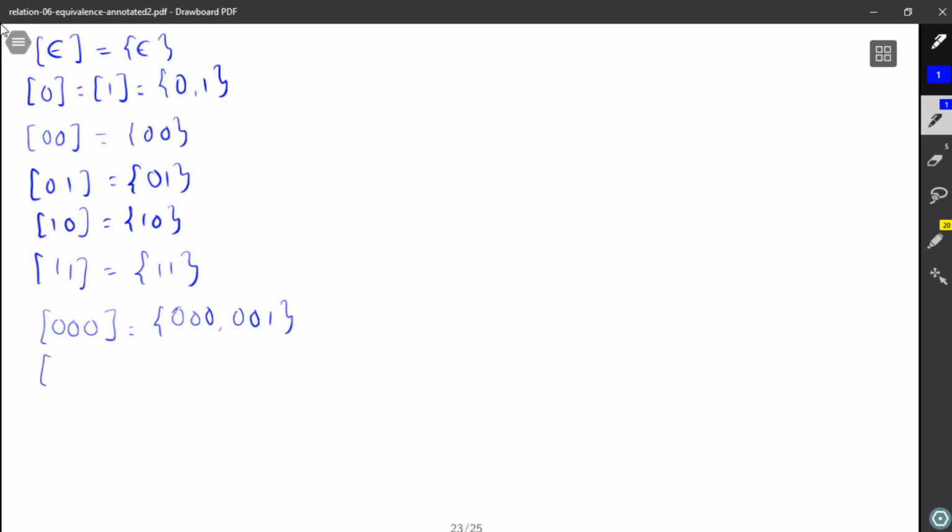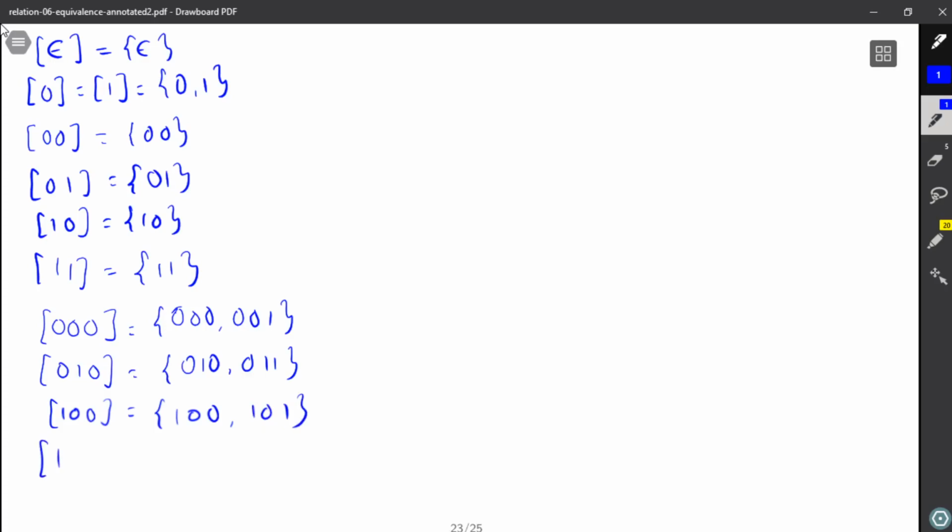Similarly, you have of course 01, which consists of 010 and 011. Also 10, which gives you 100 and 101, and then 11, which consists of 110 and 111. So these are the equivalence classes.